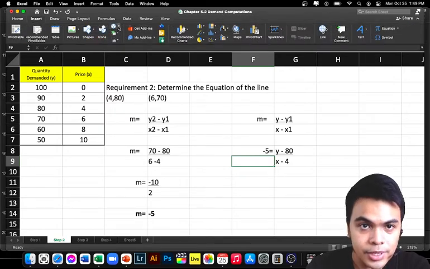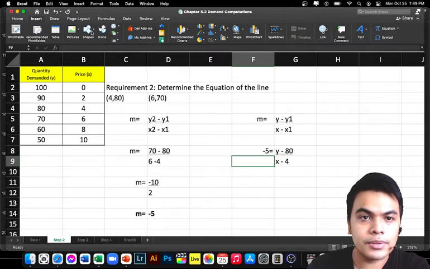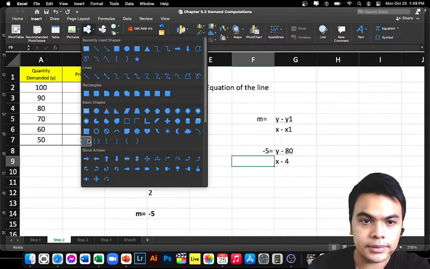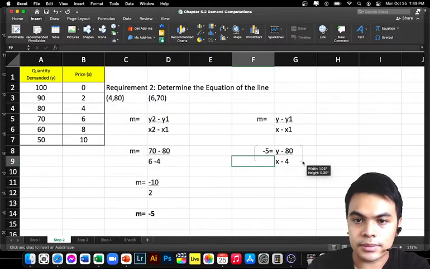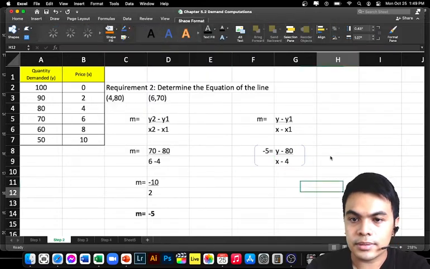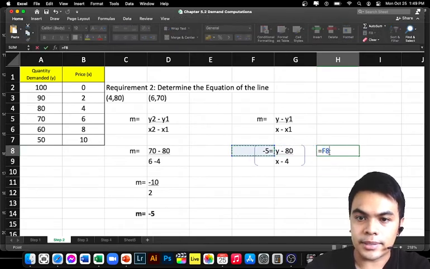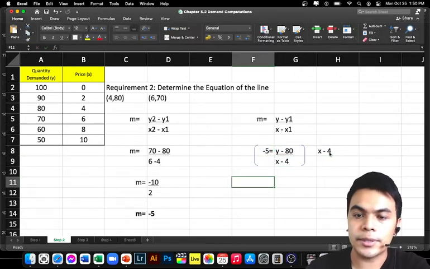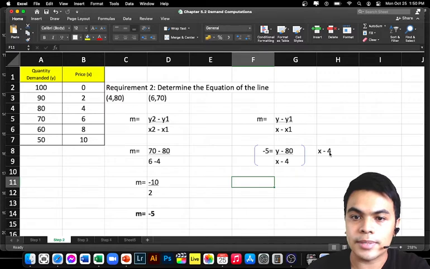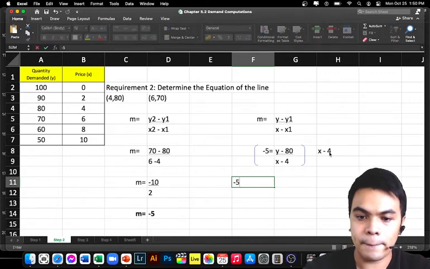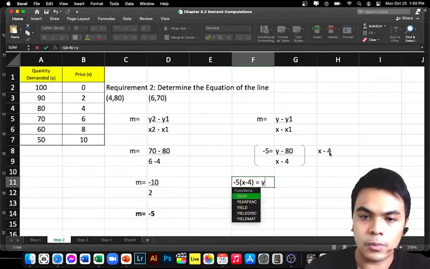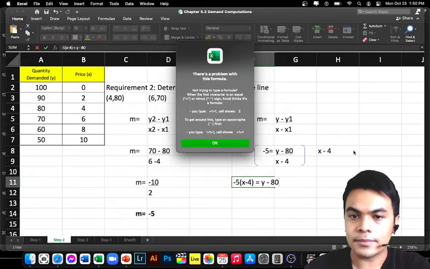Let's put a bracket. Multiply natin by x minus 4. So ano na ang kalalabasan nito? We have negative 5 (x minus 4) is equal to y minus 80.